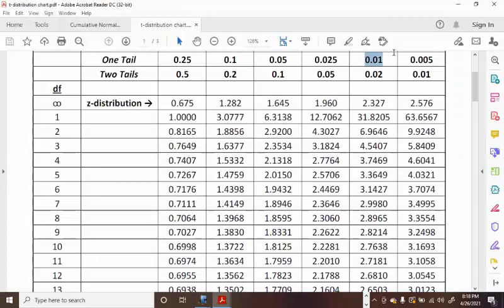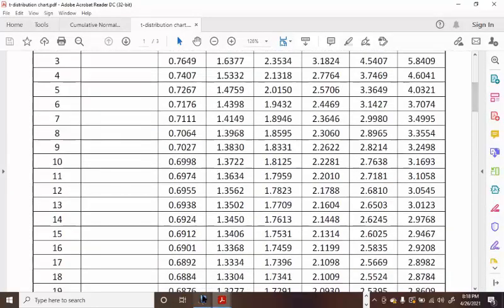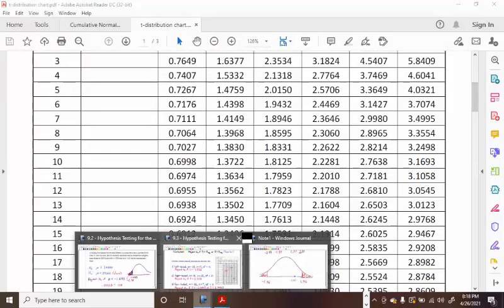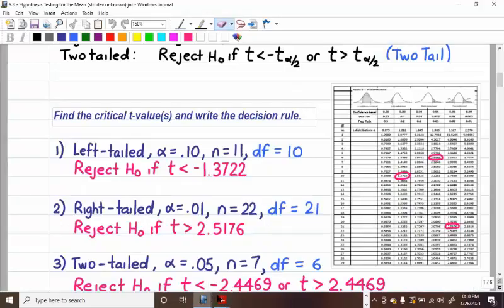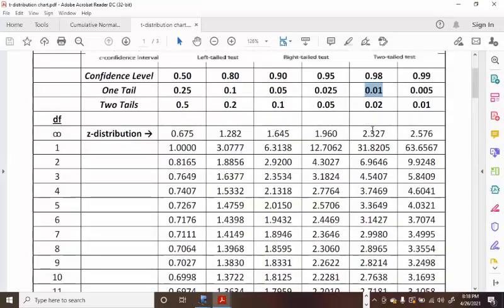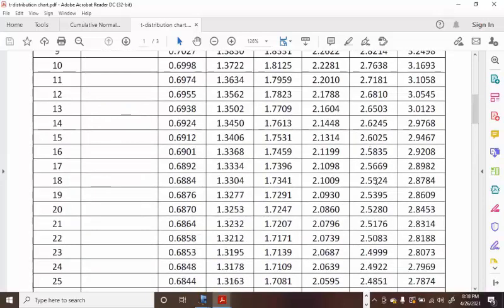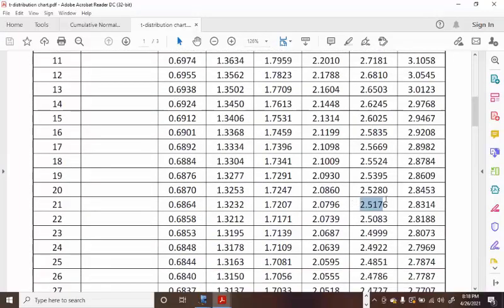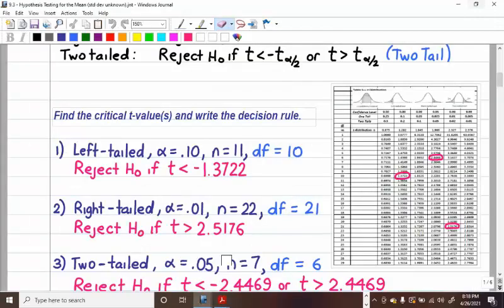So here's 0.01 one-tailed. 21, or I already forgot, 21 or 22 degrees of freedom? 21 degrees of freedom. So it's the fifth column. I've got to scroll down. It's 21 degrees of freedom. 2.5176. So we're going to reject the H0 if T is greater than 2.5176.